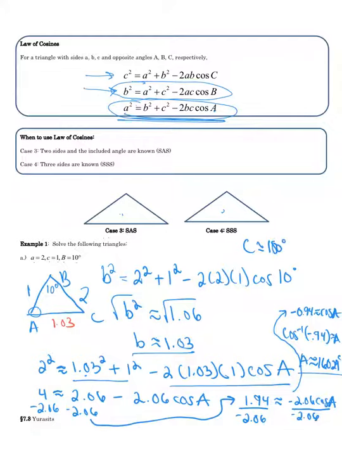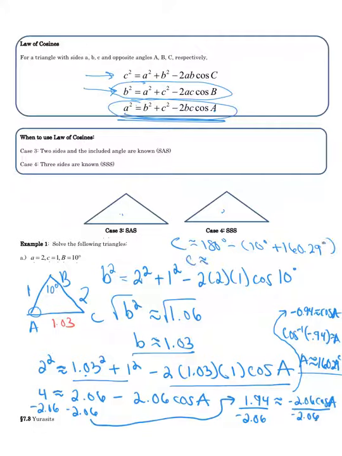Let me go ahead. I'm going to get better with this as the term goes on, I promise. So we're doing angle C. I'm going to just go angle C is 180, take away the 10 plus the 162.29.